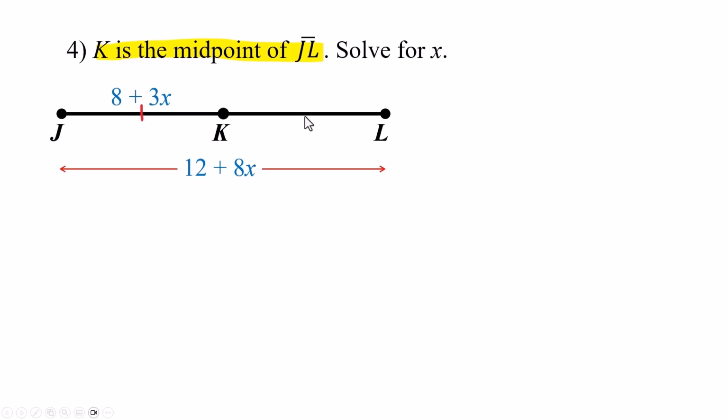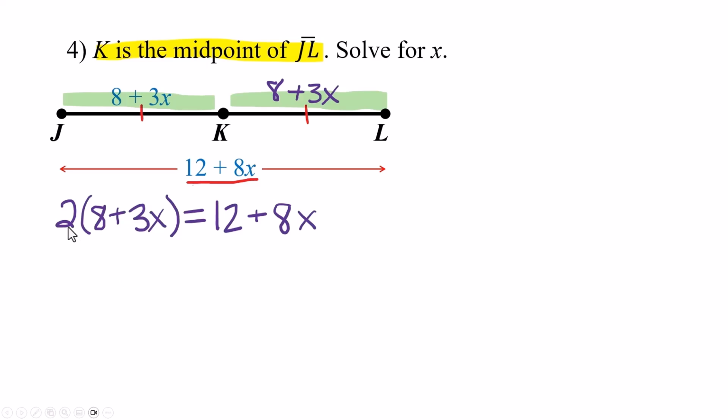This side is congruent to this side, which means both of these two things are the same size, and when you add them together, they're going to equal this. So I'm just going to copy 8 plus 3x over here again. I have two of the same thing, so I'm going to write it as 2 times 8 plus 3x equals 12 plus 8x. This is distributive property, so we have to multiply that 2 through.